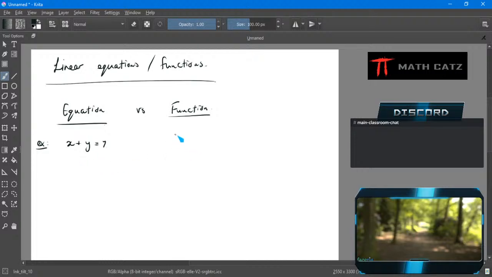Whereas with a function, I want to see an input leading to an output, 7 minus x in this case. Now this guy over here, or I'm going to want to say it in brackets, curly bracket, is equivalent to y.